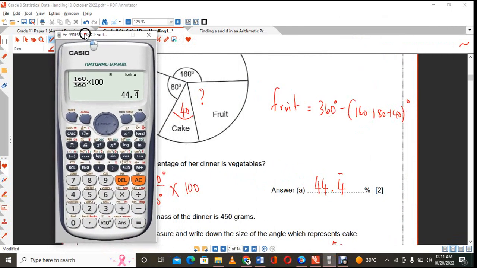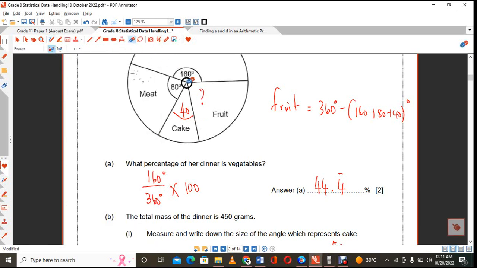So always when you have diagrams, you can go ahead and work on diagrams with your pencil. Okay, say 360 minus, add the other ones, 160 plus 80 plus 40. All right, that gives you 80 degrees. So this angle here is 80 degrees. I'm going to write it with a different color.